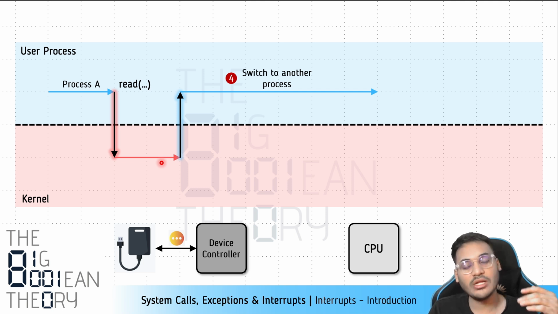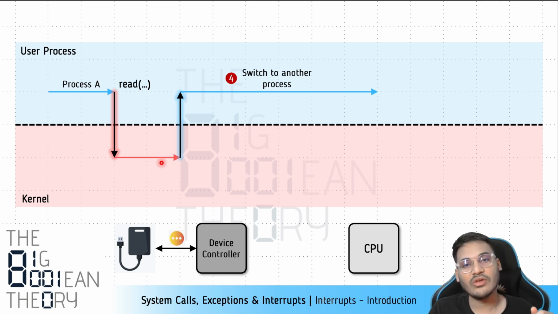For the whole duration of those few milliseconds, it will use the CPU to do this simple task of checking whether the operation is complete or not. Basically, it is like spinning in a while loop or some kind of loop and just checking whether the operation was complete or not.